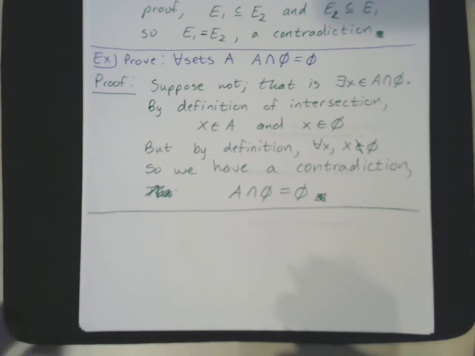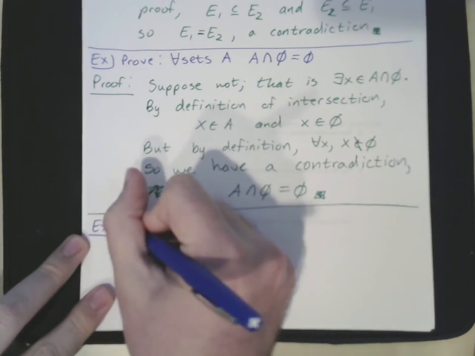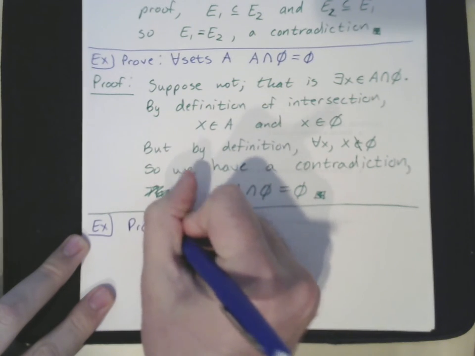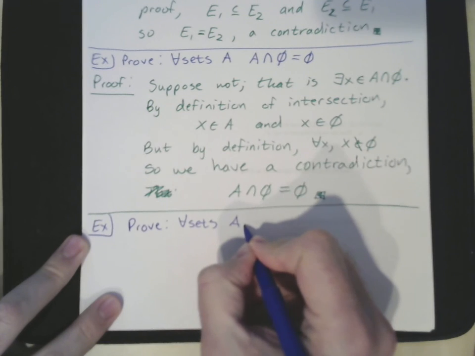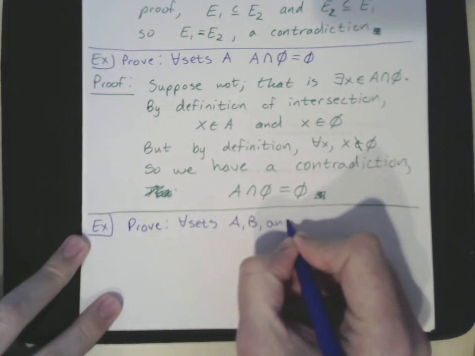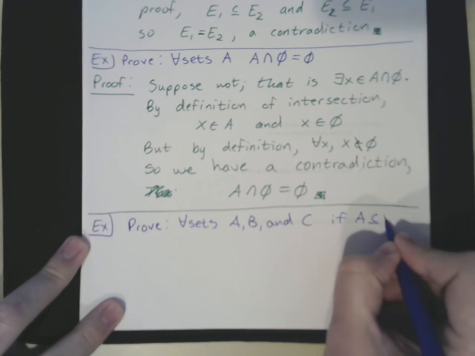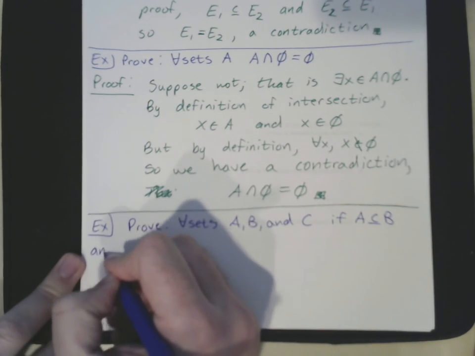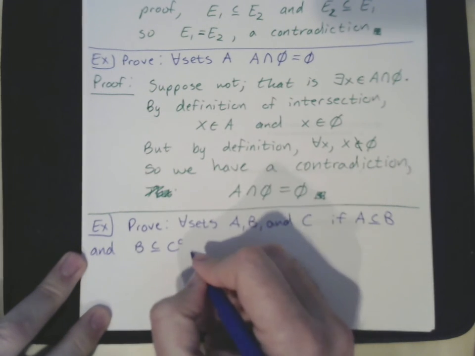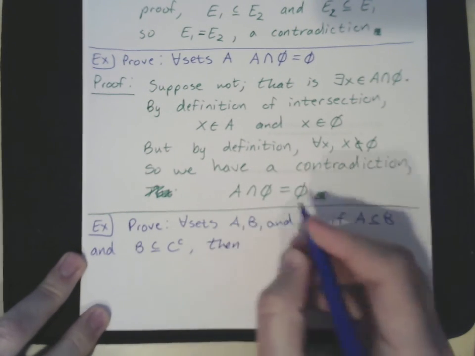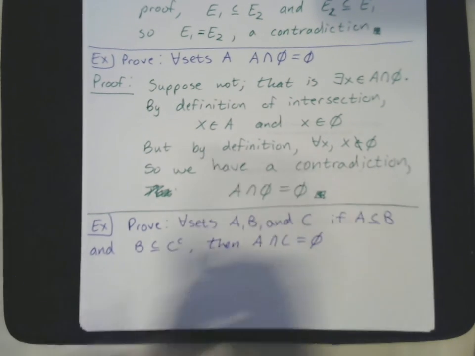So our last proof with the empty set is going to be for all sets A, B, and C: if A is a subset of B and B is a subset of C complement, then A intersect C is the empty set.